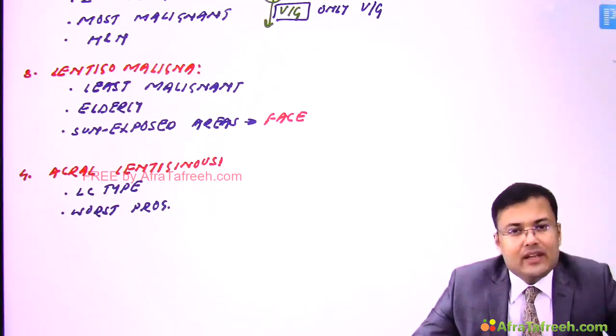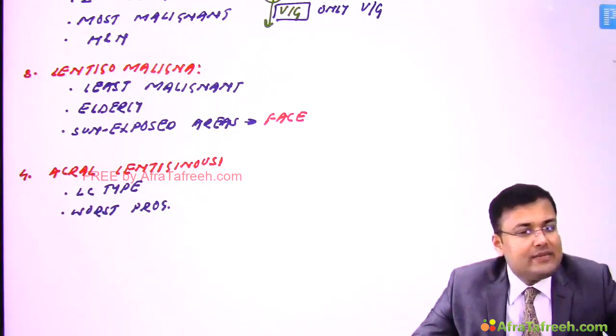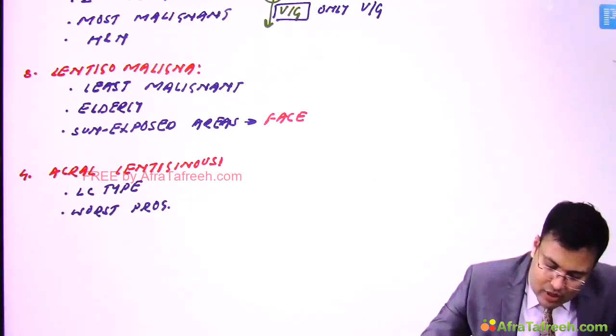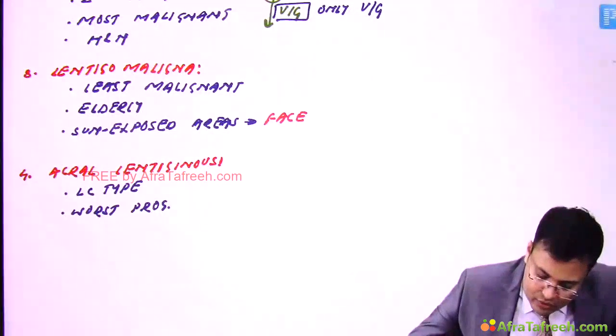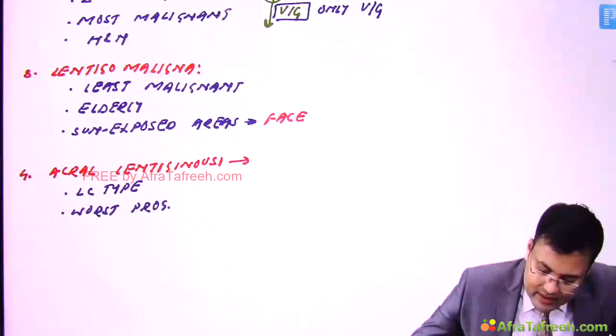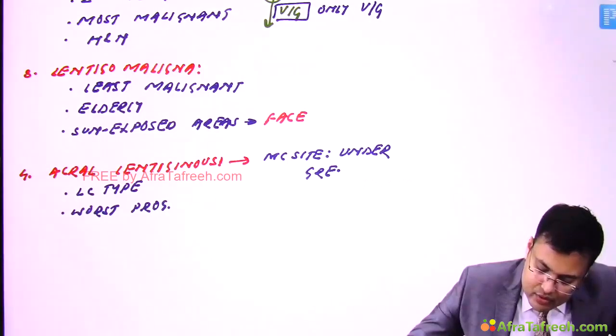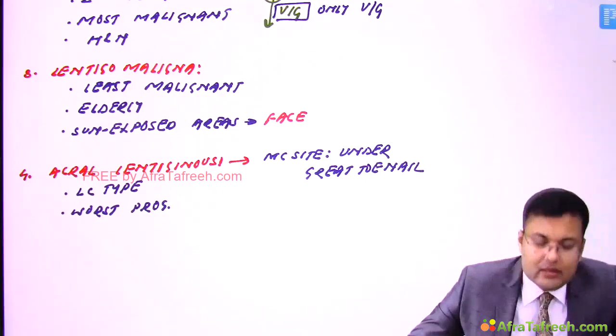Acral means it is seen in the lower extremity. Where exactly? Under the great toenail. So the most common site is the sole, under the great toenail. Clear? So it is the most common site.